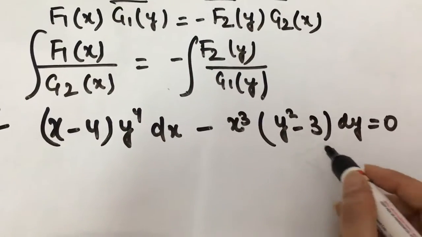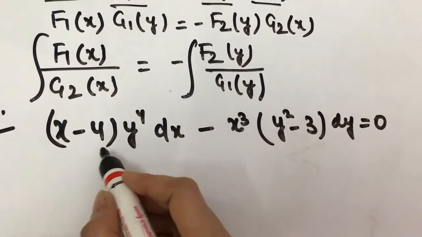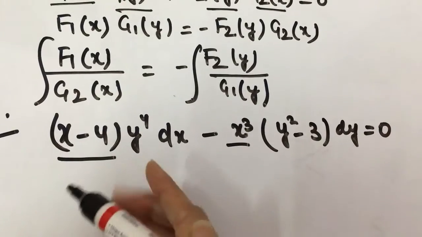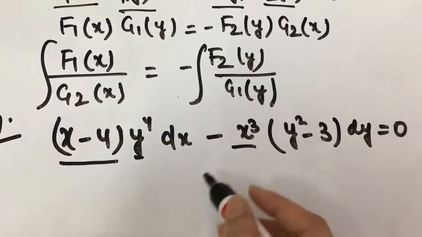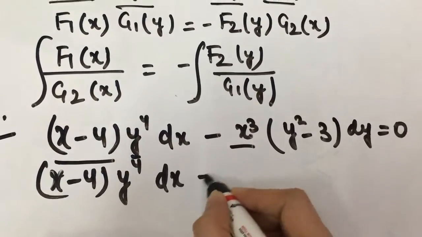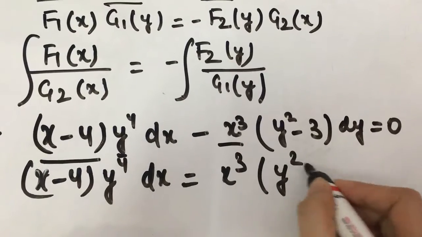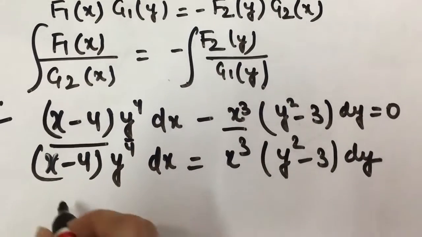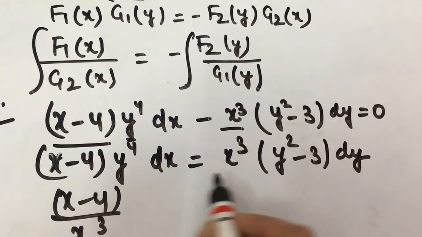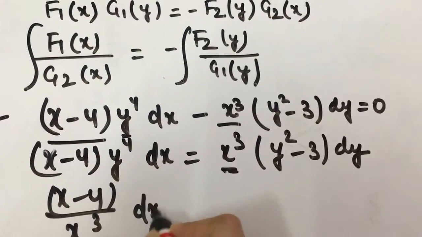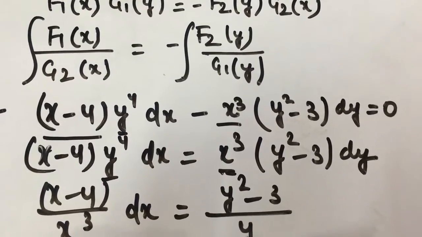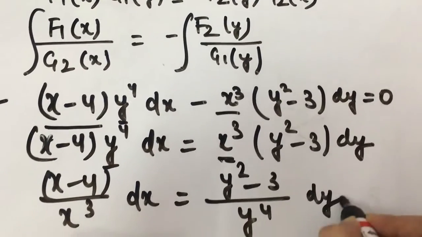So what I need to do in this equation is separate functions of x on one side of the equation and functions of y on the other side. On doing this process, I took this x cube to this side with dx and this y to the power 4 on the other side of the equation with dy.